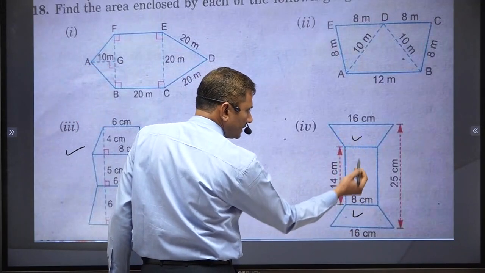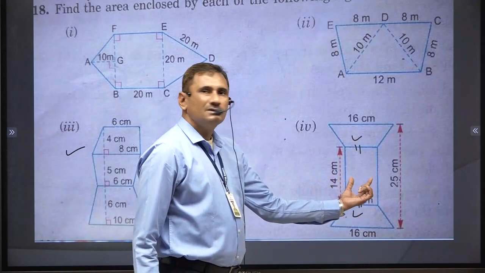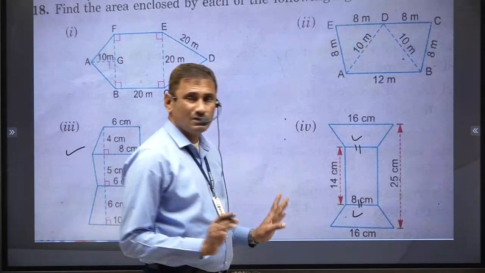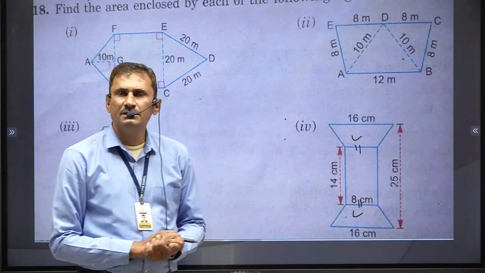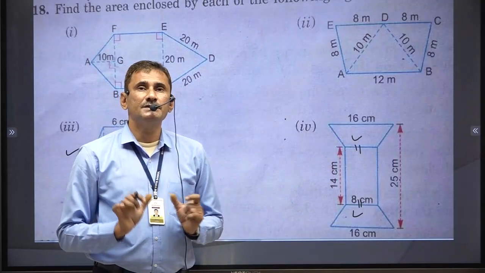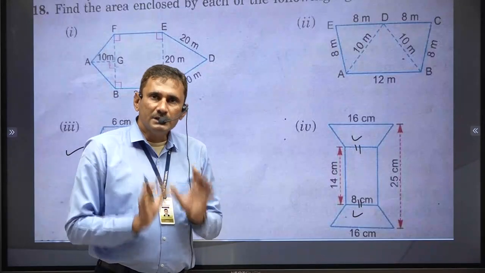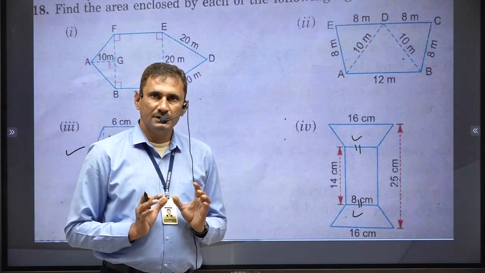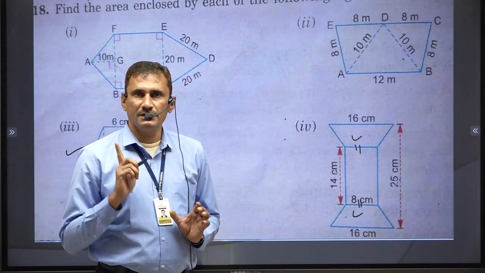Even that these two sides are equal is not given, we don't know. Even a right angle is not specified anywhere. So basically the figure is incomplete, but we ourselves decided, I have decided, you never.